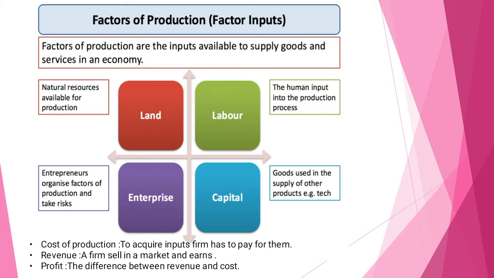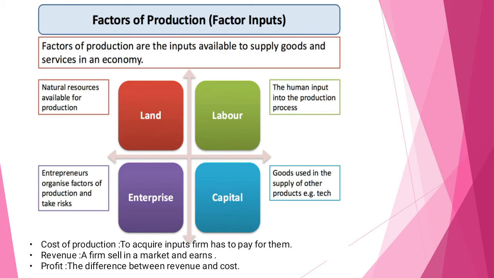The first factor is land. Land, natural resource available for the production, is land. Labor, the human input into the production process. So labor is nothing but the human input into the production process.